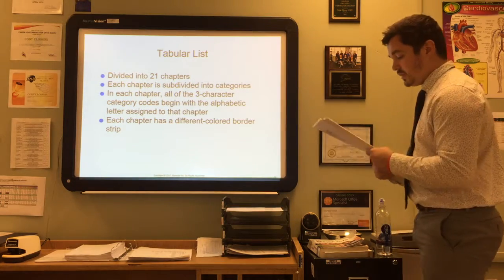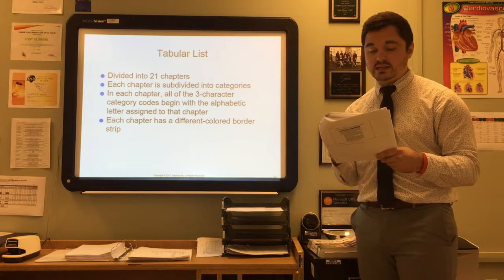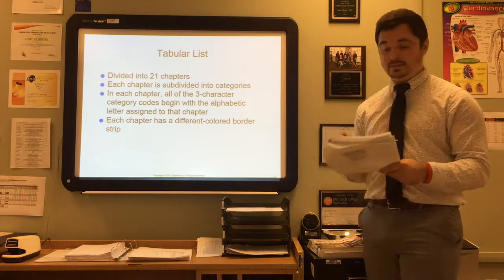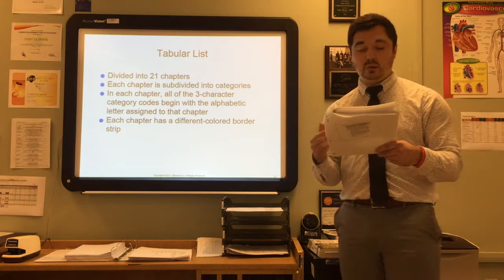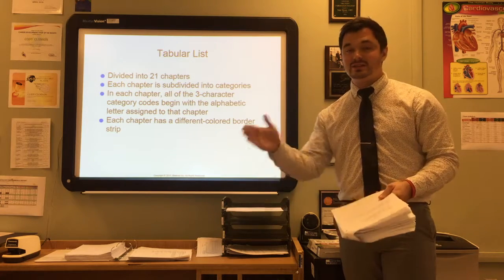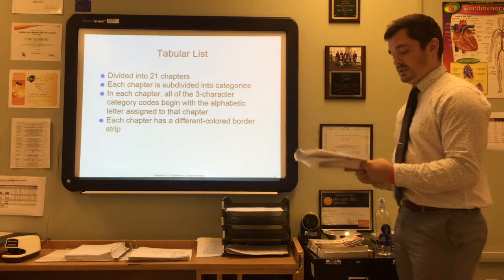So it's important to note that some codes do not need to extend beyond a 3 character code. For example, like code I-10, which represents essential primary hypertension. Okay, that's it for that code. There does not need to be anything else beyond those 3 characters. All right.